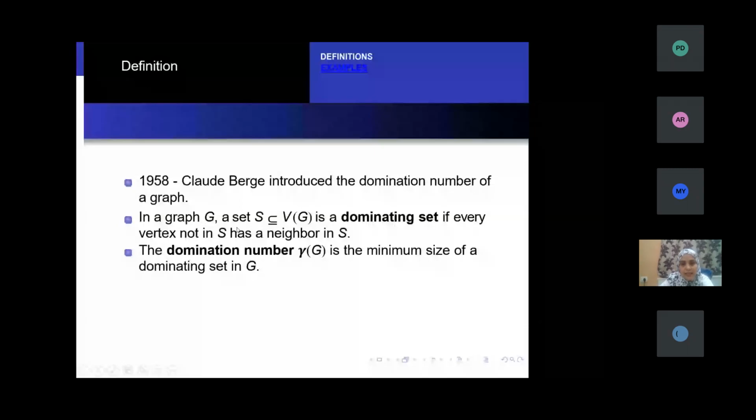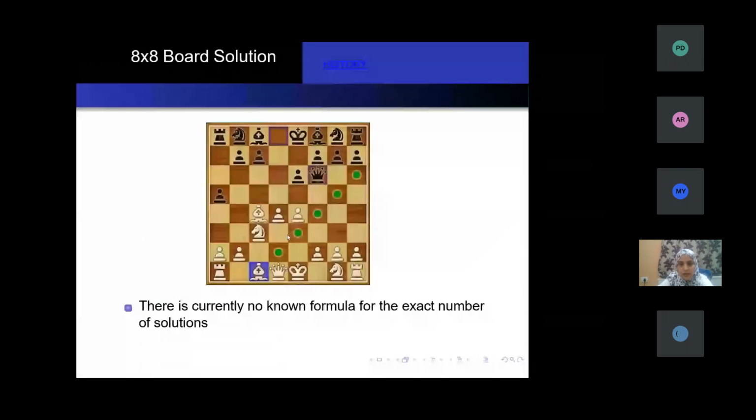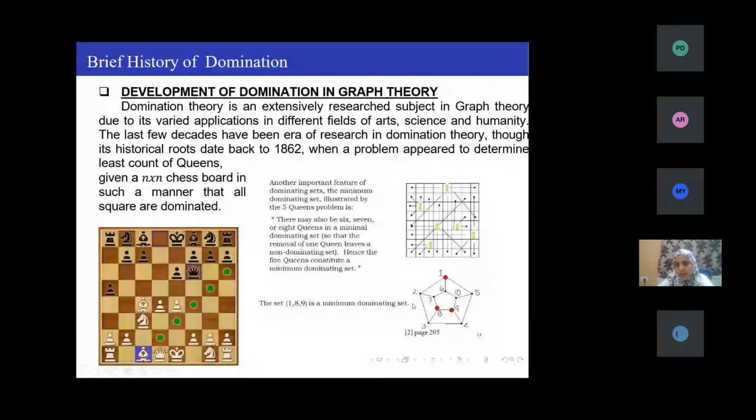In a graph G, a set S is a subset of V of G. In any graph, there is a set of vertices, which we call the vertex set, and there is an edge set, which we call E of G. If we consider any set of vertices S, which is a subset of the graph, that will be a dominating set if every vertex not in S has a neighbor in S. Like in the previous slide, if 1, 8, and 9 are the dominating set vertices, we can see 1, 8, 9 is also a subset of this particular graph, and 1, 8, 9 are the dominating set.